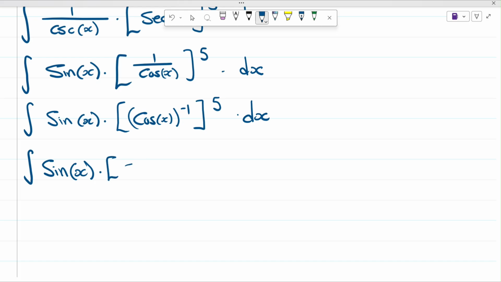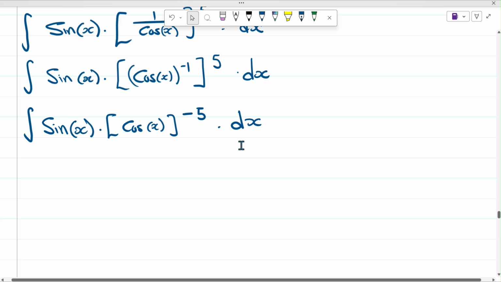There we're gonna have cos of x to the power -5, and then dx here. Makes sense, right? Yeah, it has to make sense.